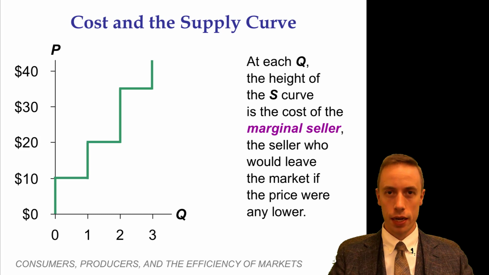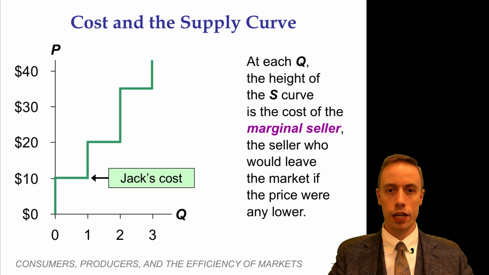The marginal seller is the seller who would first stop selling when the price falls. So for example, at a price of $15, we only have one seller. That makes Jack, by definition, the marginal seller. We then look at the lowest point of the supply curve to identify his cost.